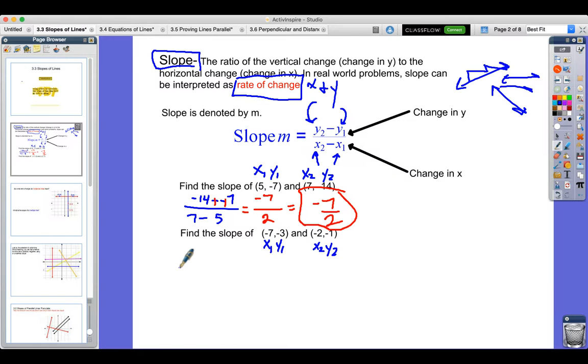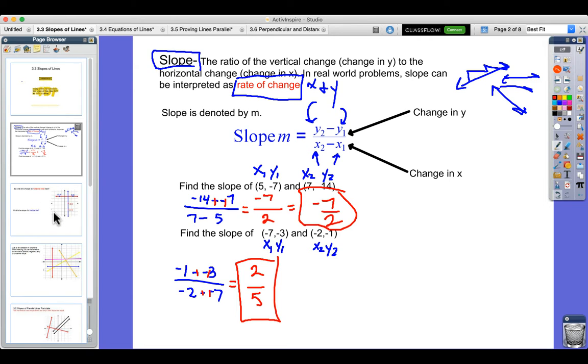So I have -1 minus a -3 over -2 minus a -7. These change signs, so positive, positive. We get -1 plus 3, which is 2, and -2 plus 7 is 5. So our final answer is 2 over 5, or 2/5. So that's slope. We'll put that all together in the next section.